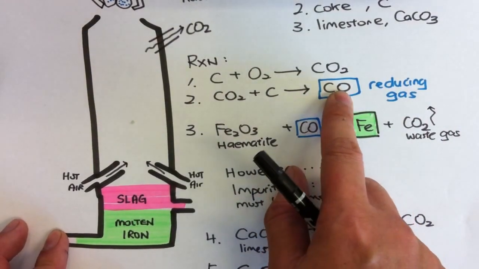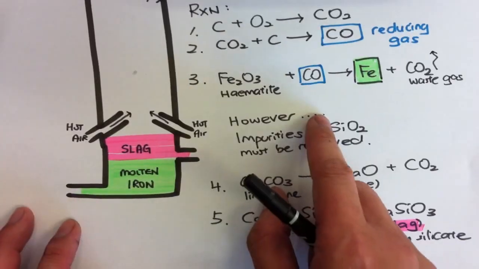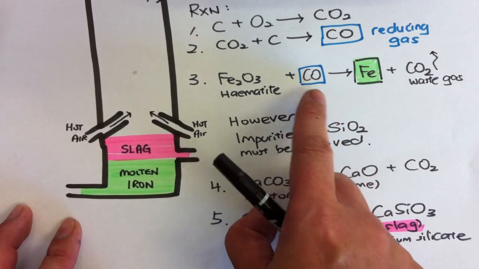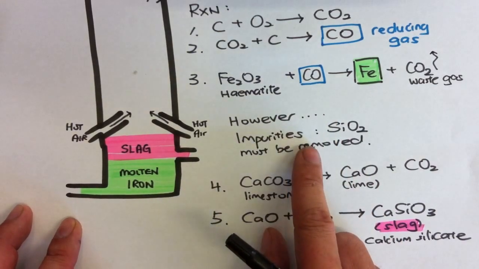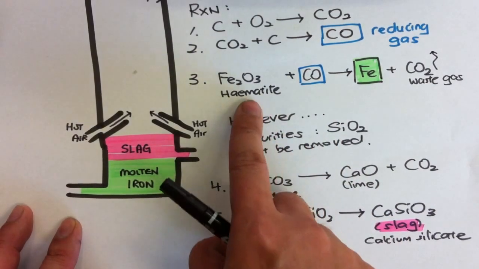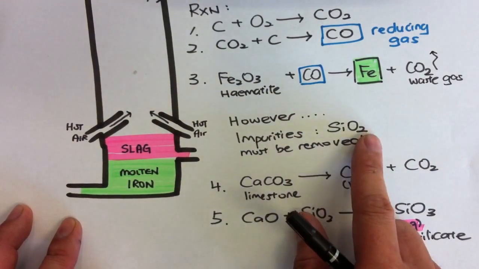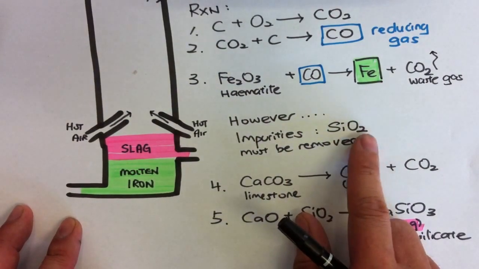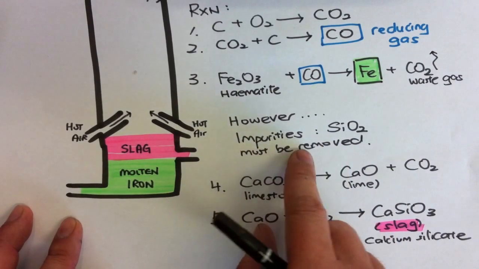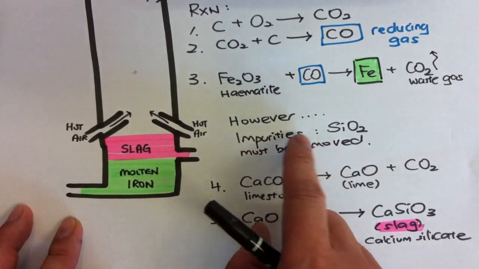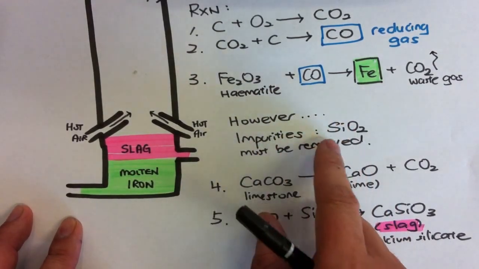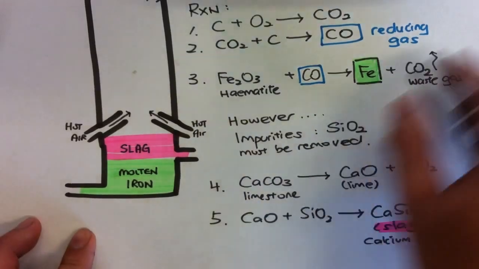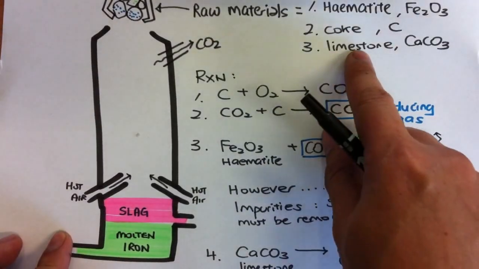Now, the problem with this method is we have impurities, and the main impurity found in hematite is SiO2, or silicon dioxide. This is the main impurity, and it must be removed, because impurities will be floating on the iron and we don't want them there. So we use the next raw material, which is limestone, CaCO3.